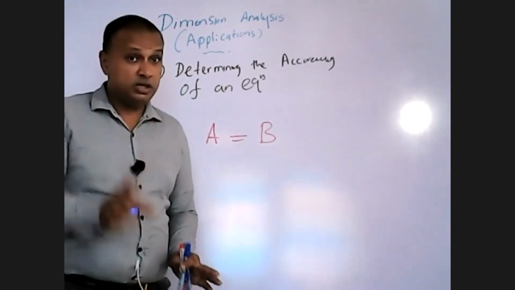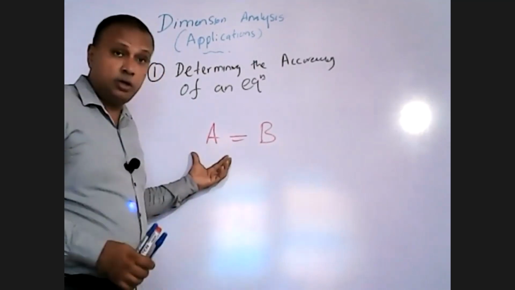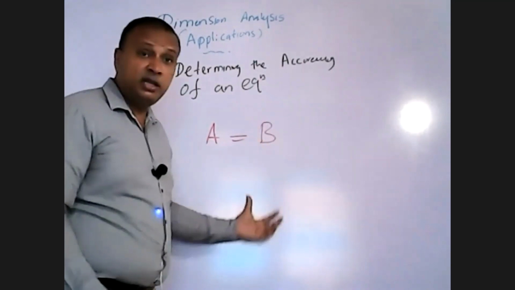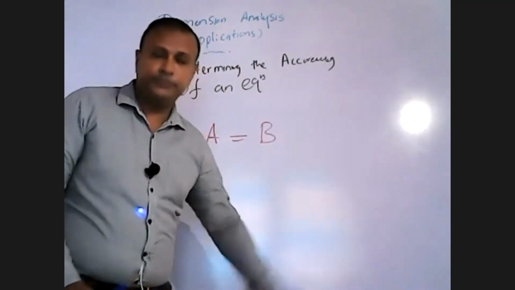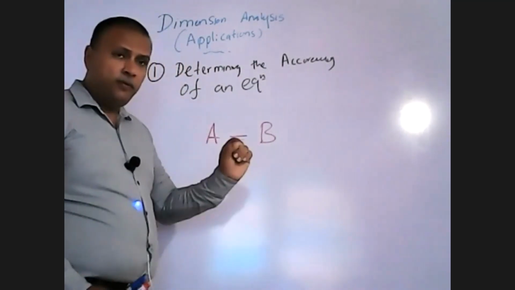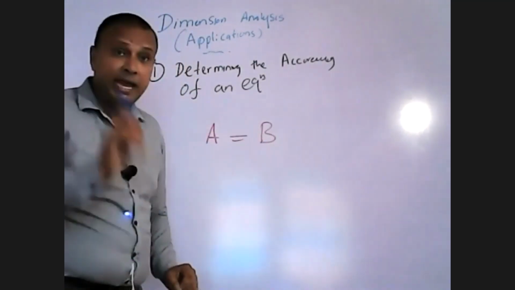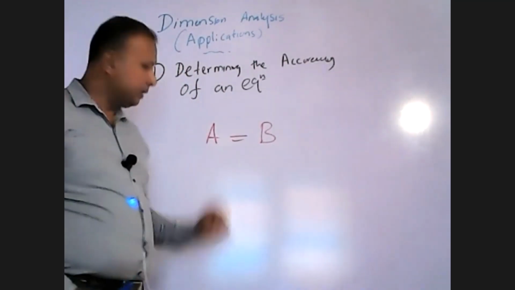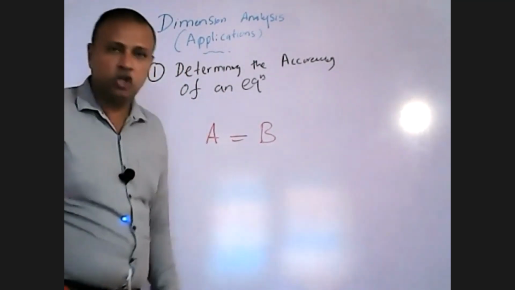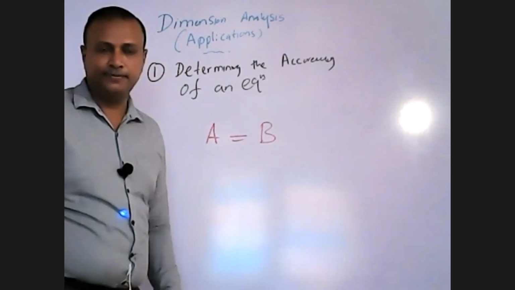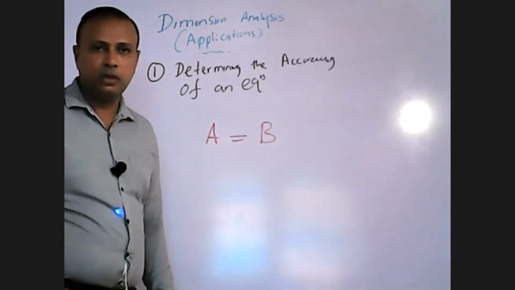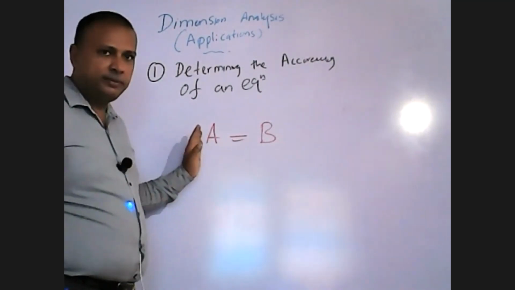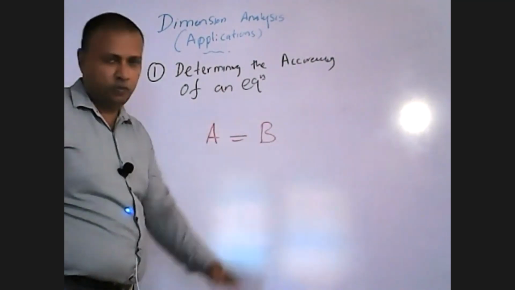We can find the dimension of the left hand side, and we can find the dimension of the right hand side too. If both sides have the same dimension, we can conclude that the equation is dimensionally correct.